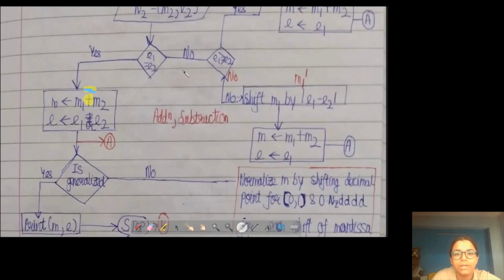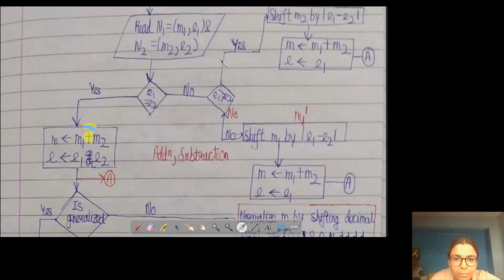After that, if it is not equal, another possibility is that e1 is greater than e2. If it agrees with that statement, we just have to shift m2 by e1 minus e2.